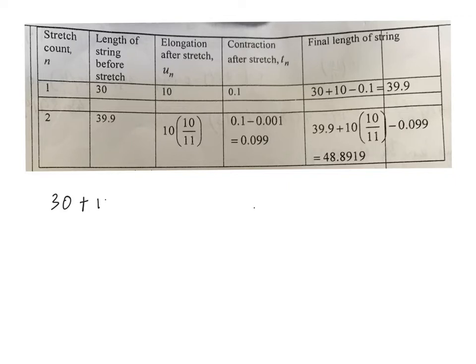The elongation is given as 10 plus the second elongation, which will be 10 times 10 over 11. Then the contraction. The first contraction is 0.1, the second contraction is 0.001 less, so it's 0.1 minus 0.001.